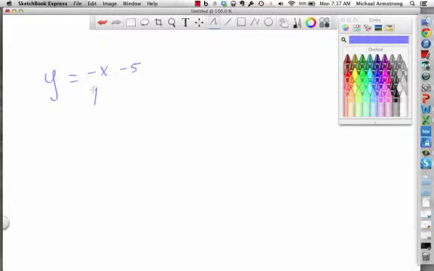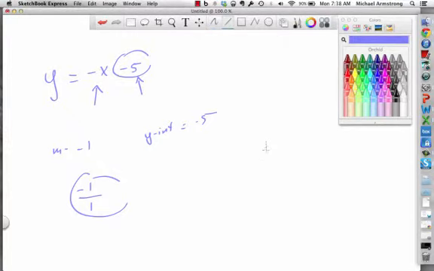So when we look at this, what is our slope? This is a little confusing because we don't see a number there. Well, it's negative 1. So the slope is going to be like negative 1 over 1. We've got to put it in a fraction form to make it work. And the y-intercept is equal to negative 5, because that's what that is, a negative 5.